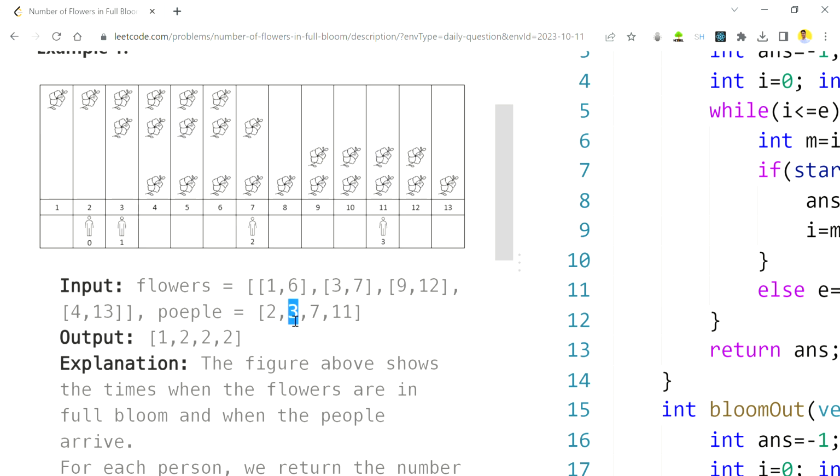For the person at position 3, I can see two intervals, 1 to 6 and 3 to 7. For 7, I can see 3 to 7 and 4 to 13, and for the person standing at position 11, I can see 9 to 12 and 4 to 13, so that person can see two flowers blooming at that moment.